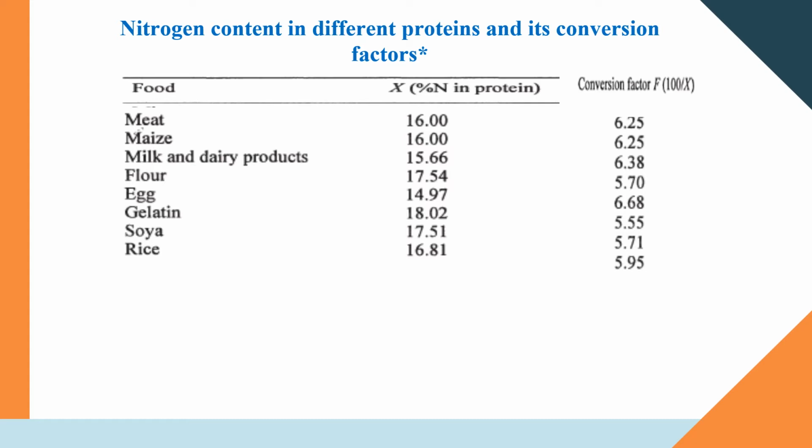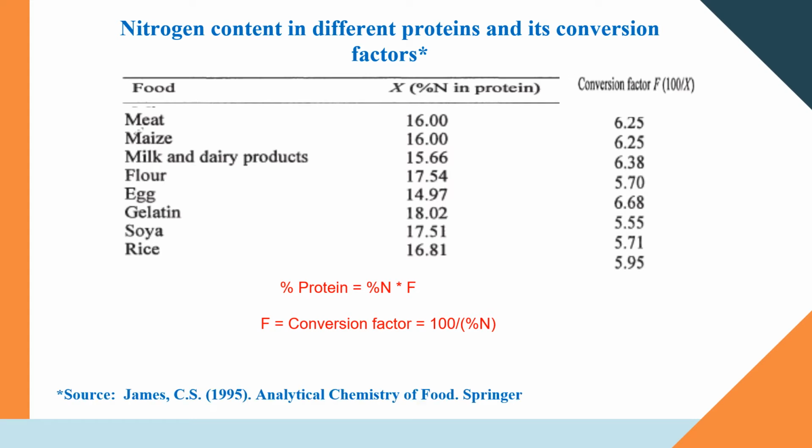This conversion factor is used to convert the nitrogen content measured by the Kjeldahl method into protein content. So protein percent equals nitrogen percent multiplied by F, which is the conversion factor. And the conversion factor can be calculated by dividing 100 by the nitrogen content.